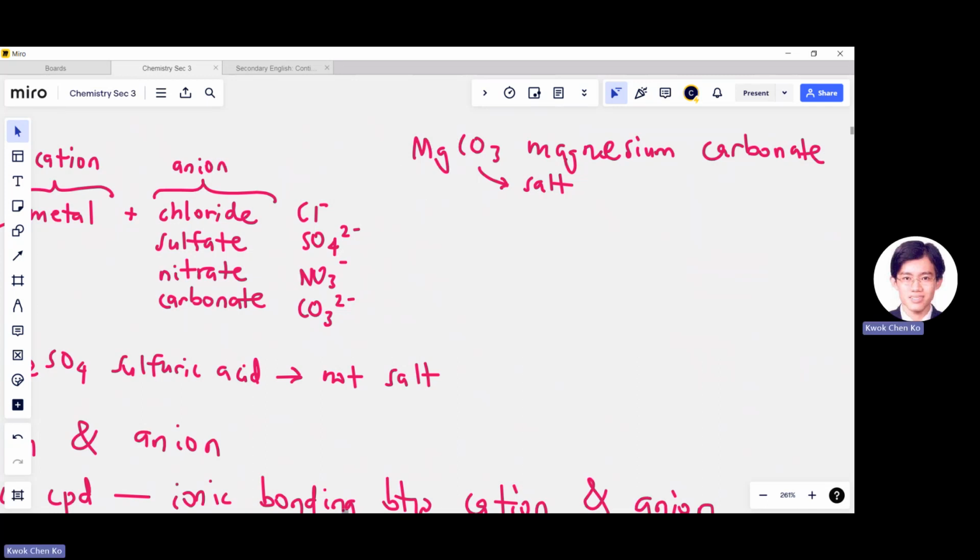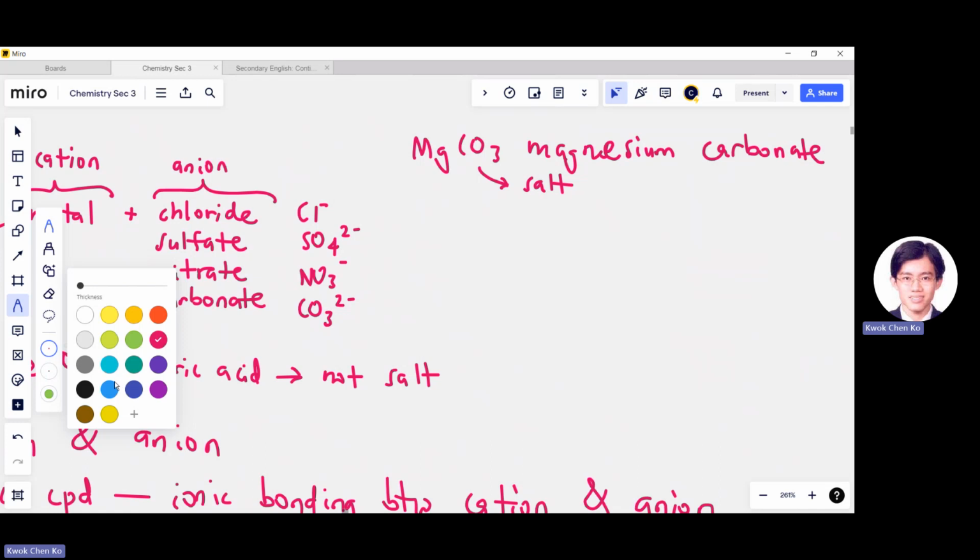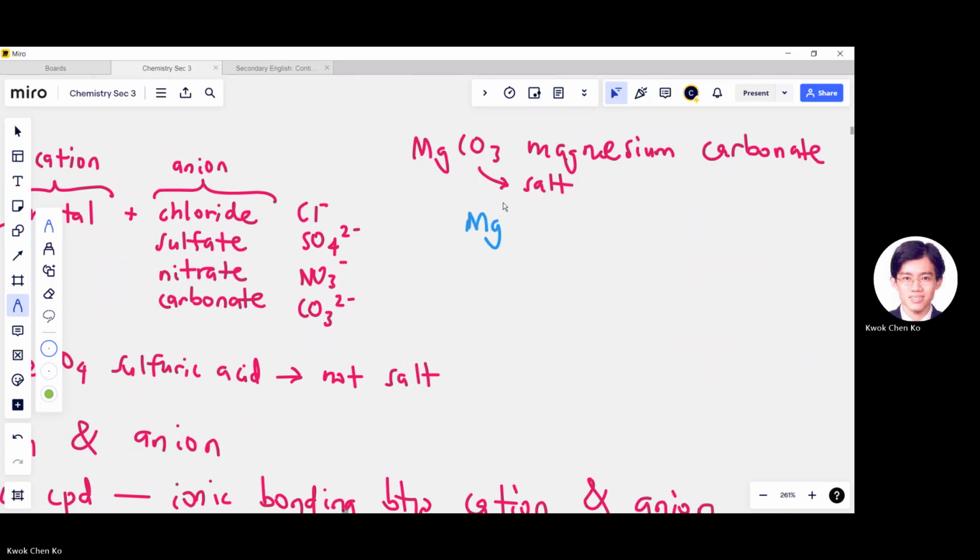Between what and what? Okay, this one try to visualize it, or let's try to understand it. Now, essentially, find out who is my cation. Magnesium. Oh, what's the charge here? Which group is magnesium in? Good. How many electrons can it lose? 2 electrons. 2, so it's 2 plus.